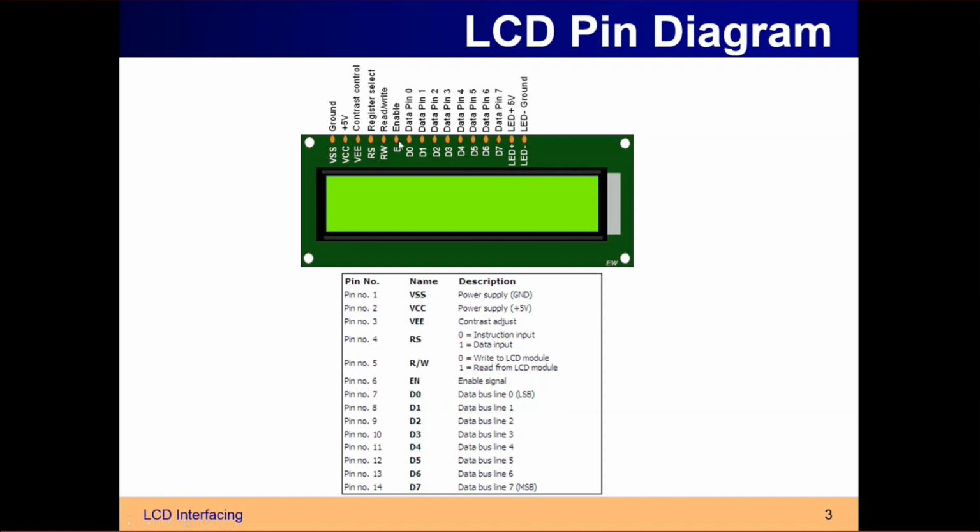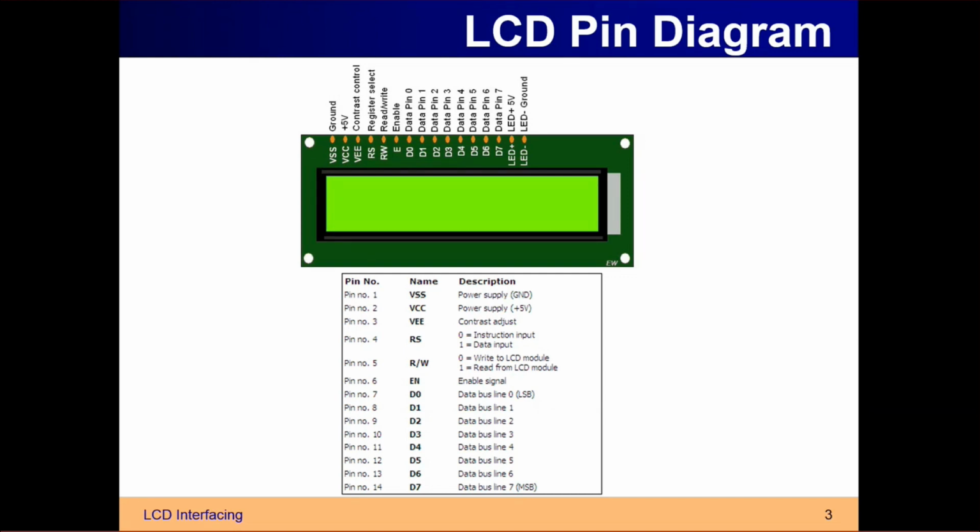Then pin number 6 is known as the enable pin. I have told that we are having character generation RAM and command RAM. Whenever you need to write something into these two RAMs, after giving the data or command, you need to give a falling edge to this RAM.